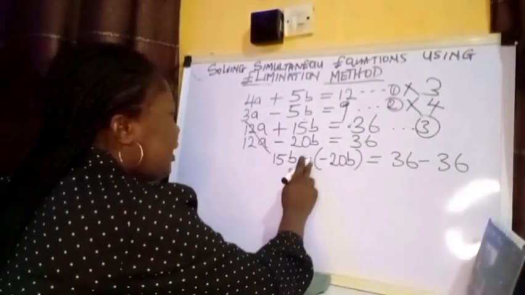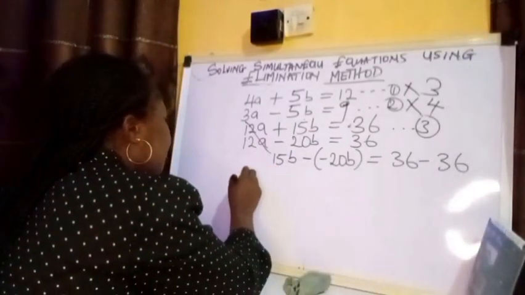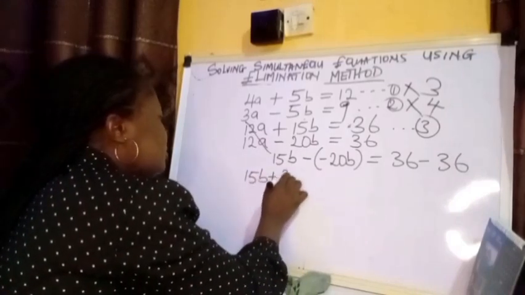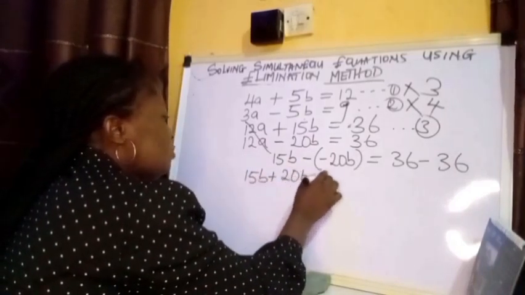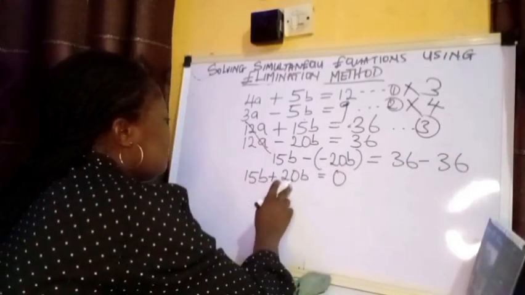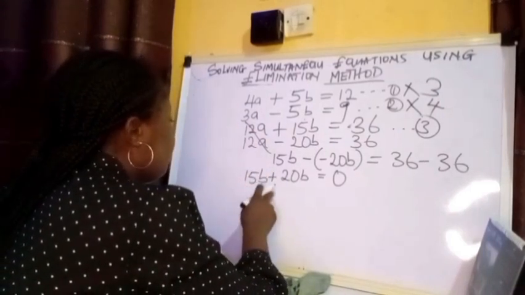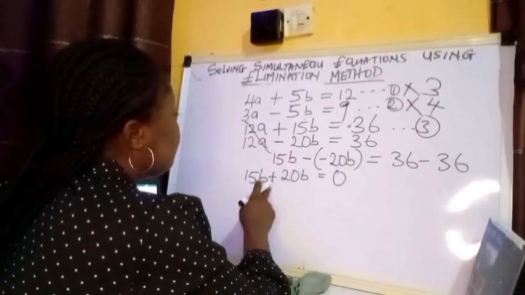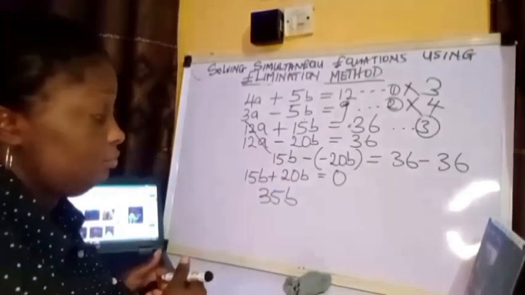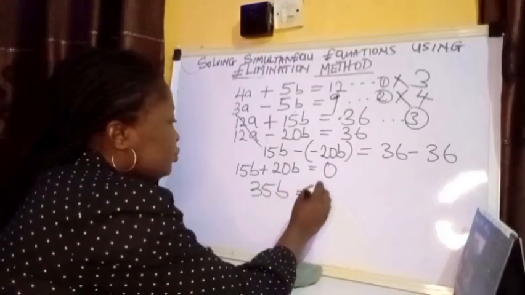Now at this point, minus multiplied by minus gives positive. So we'll have 15B plus 20B is equal to 36 minus 36 is 0. 15B plus 20B is going to give us 35B is equal to 0.